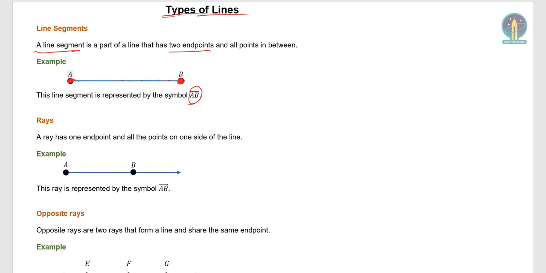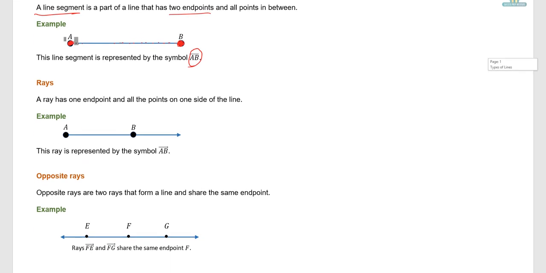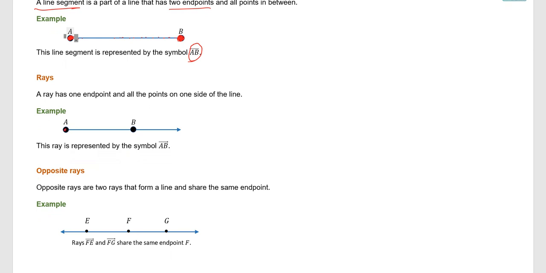Now the next type of line is a ray. A ray has one endpoint and all the points on one side of it. So let's say this ray is going in this direction. It has an endpoint at point A, and it has all the points on this side all the way to infinity, or negative infinity if you're going the other way, if we're talking in positive and negative directions.